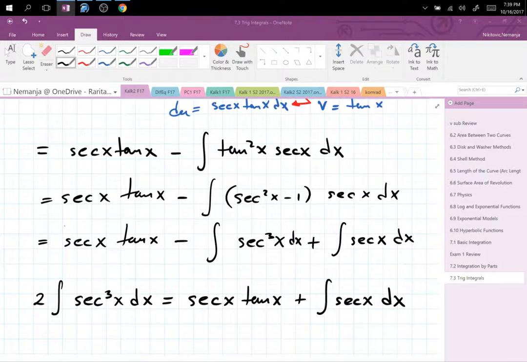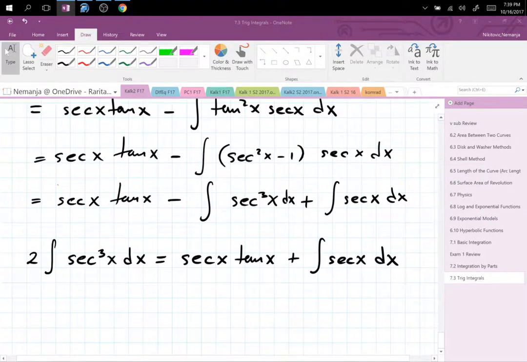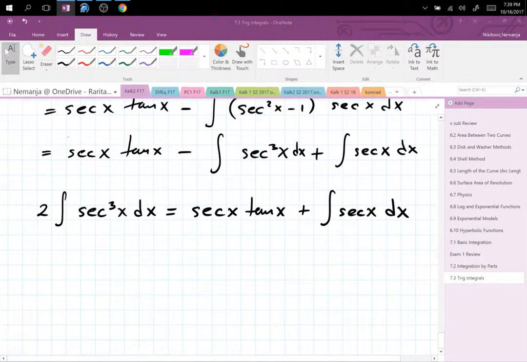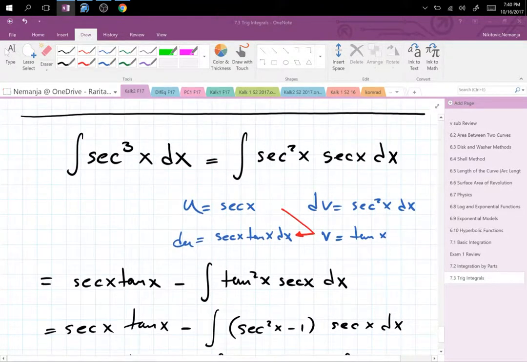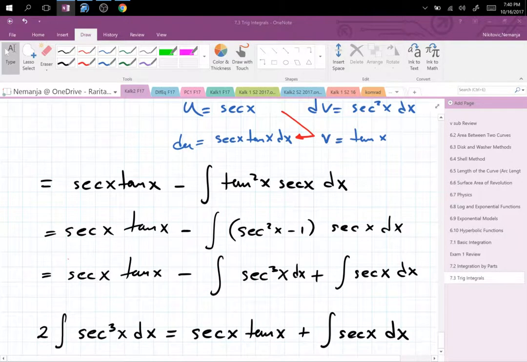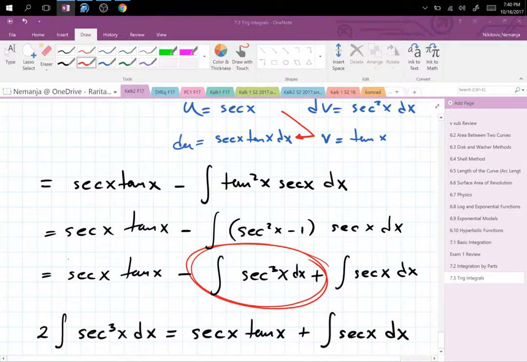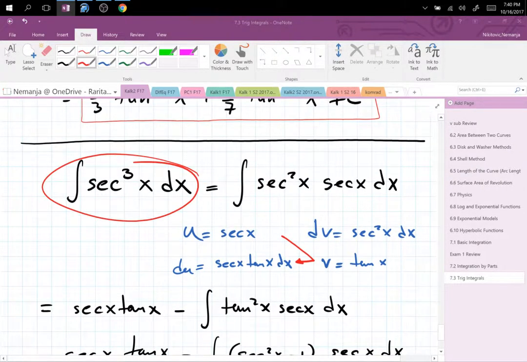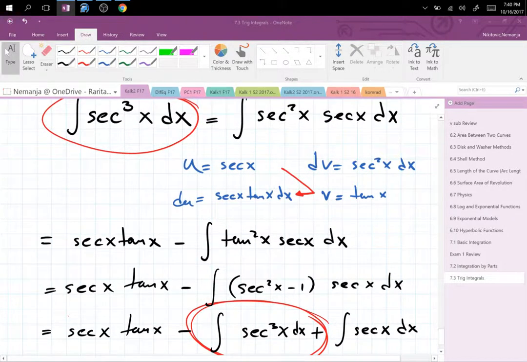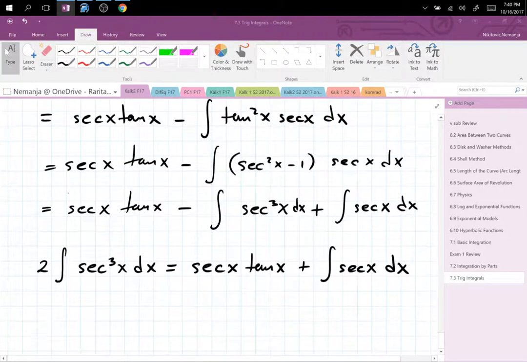It's not a basic integral, so we have to solve that integral in order to get this answer.